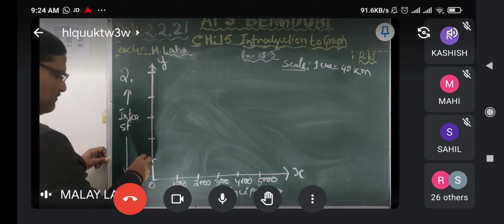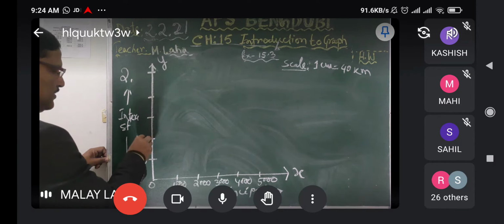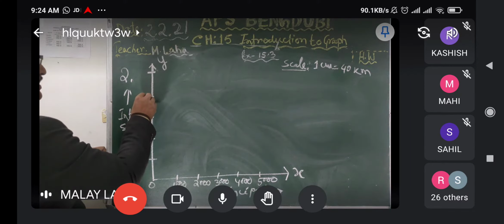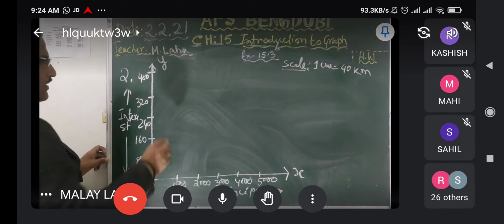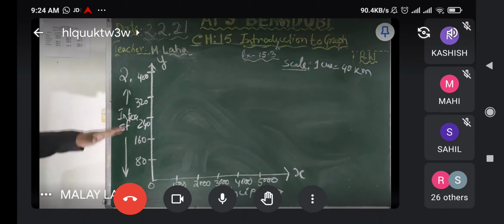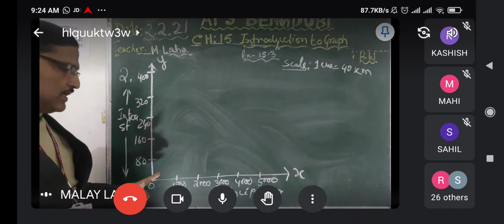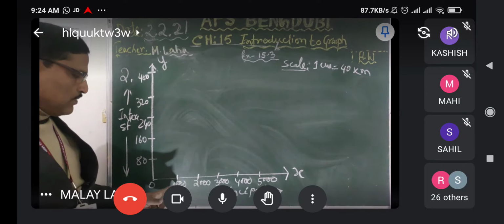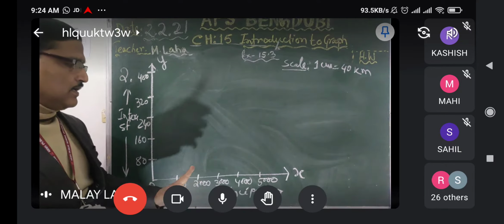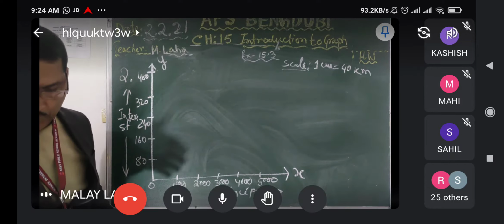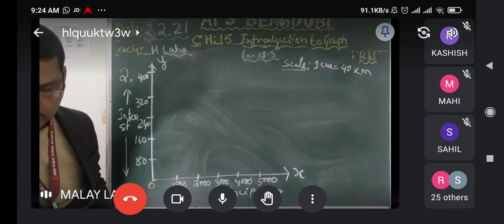So 80, 160, 240, 320, and then 400. Clear? So this vertical line y-axis refers to the interest earned from the principal 1000, 2000, 3000. Now we have to plot the graph and we have to see what are the questions they are asking, accordingly you have to answer.